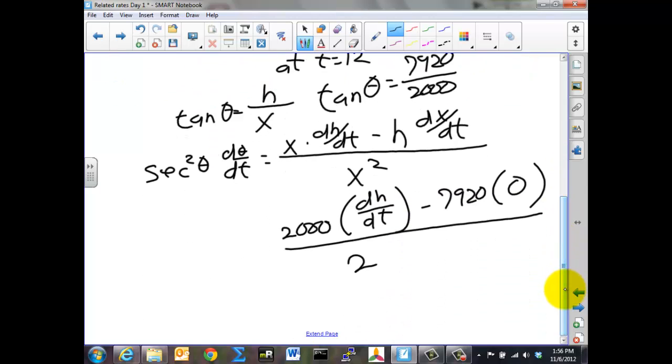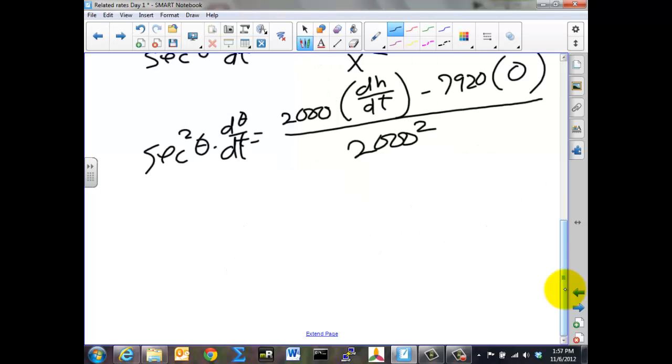Over 2,000 squared. That has to equal, we don't have anything for theta yet, do we? And we don't have a d theta/dt. All right? Whew. Well, can we clean that up so it'll make us feel a little bit better?